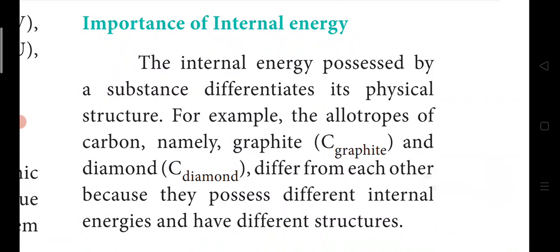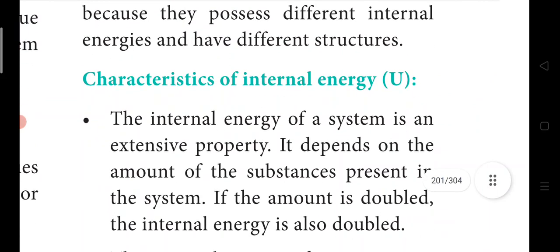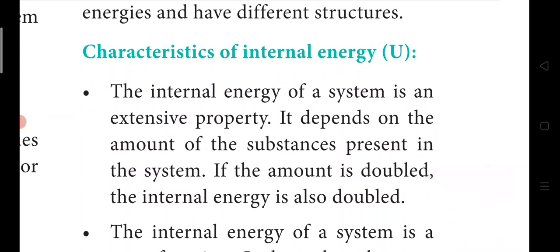So when a physical structure changes, the vibrational energy changes, the bond energy will change. So it will change according to the physical structure. For example, allotropes of carbon like graphite and diamond differ from each other because they possess different internal energy and they have different structures.